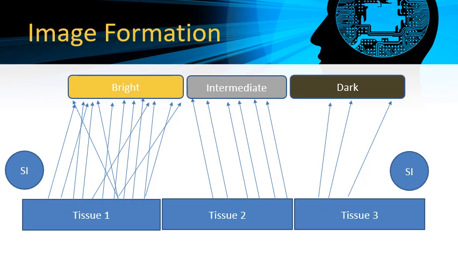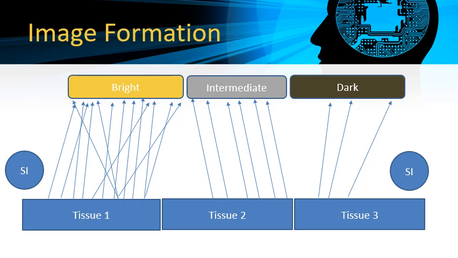For example, in MRI, if we have 3 types of tissues as shown in this diagram, the tissue number 1 releases a large number of signals, so the image will be brighter as the signal intensity increases. While tissue number 3 gives few signals, so the image in this part will be dark.